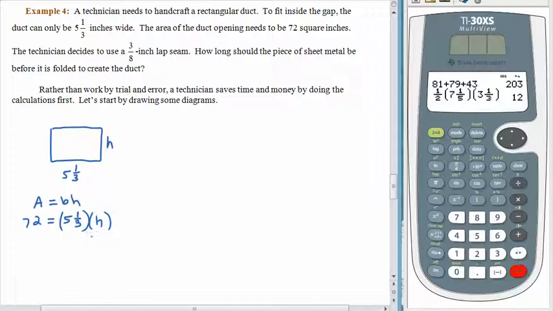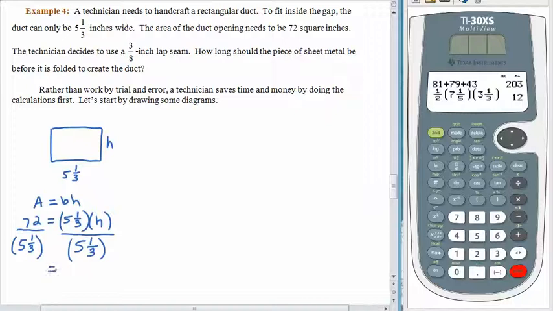We want to undo this multiplication. All right, so just for the sake of time and to show you what you could do on your calculator, because you've got this great calculator that can handle fractions, let's see what it looks like if you actually divide both sides by 5 1/3. I'm almost afraid to do this because it looks really weird and it's counter to what I told you to do before.